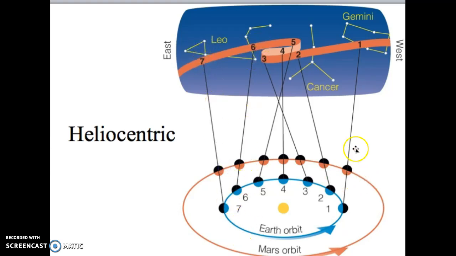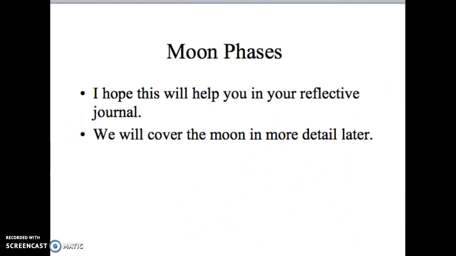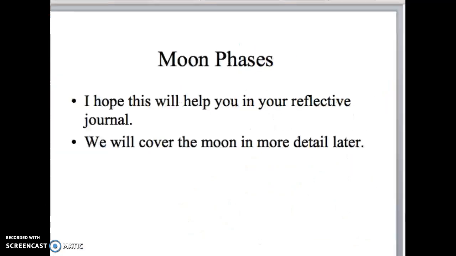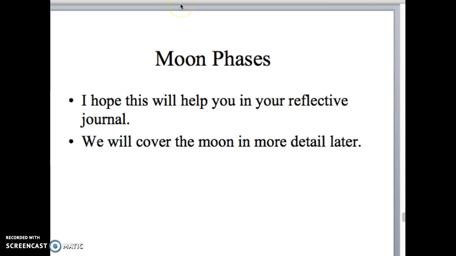So Mars is going to move in this direction in our sky through these constellations, but it's all about the relative perspective. I don't know if that's clear or not, but now you know what retrograde motion is, and that it's caused by the relative positions of the Earth and the other planets going at different speeds around the sun.